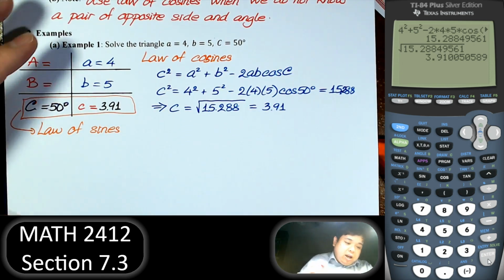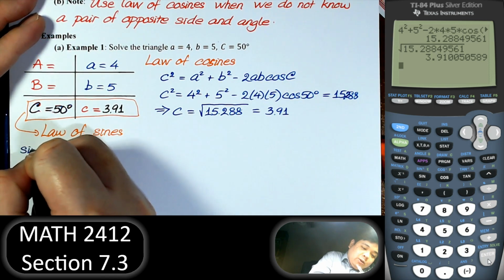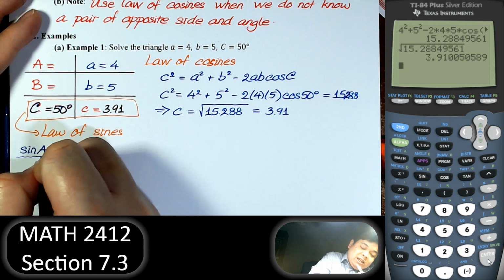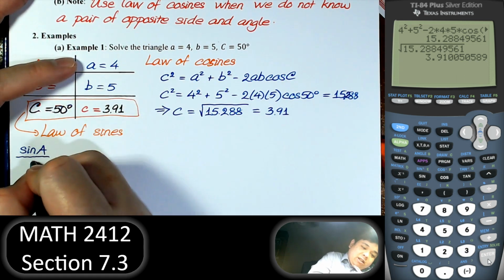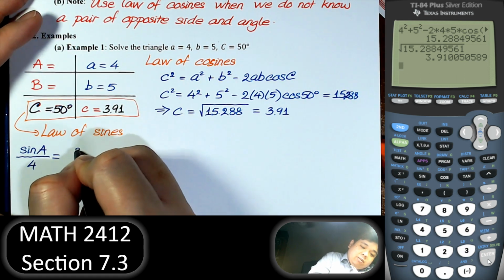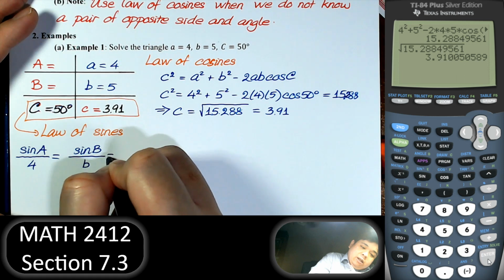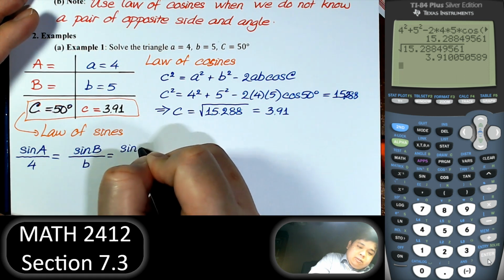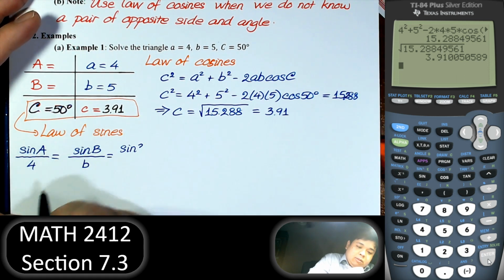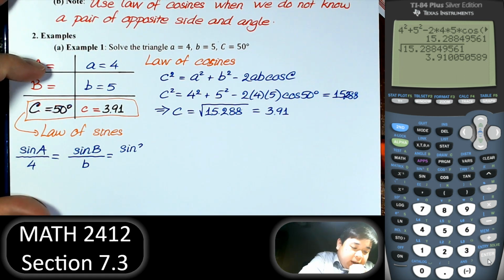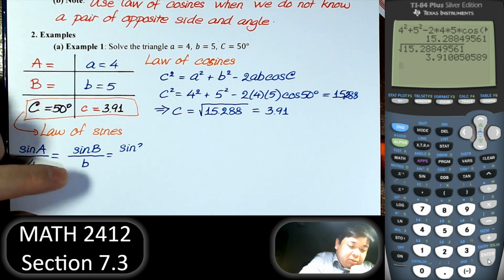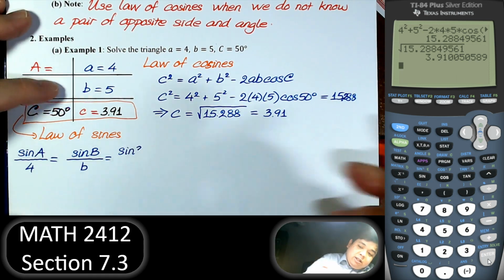So let's write out sine of angle A, which we don't know, divided by little a, sine of angle B divided by little b, and sine of 50 degrees: sine A divided by 4, sine B divided by 5, and sine of 50 degrees.